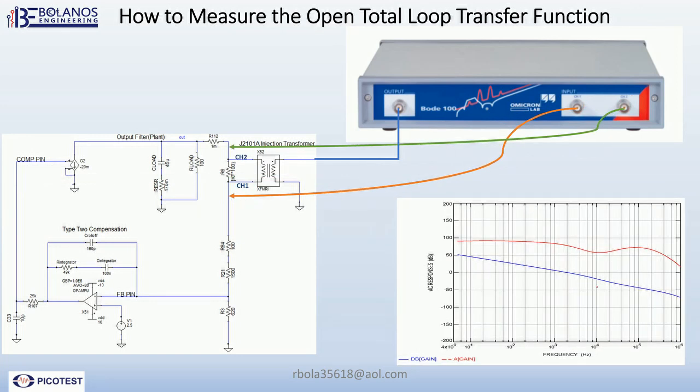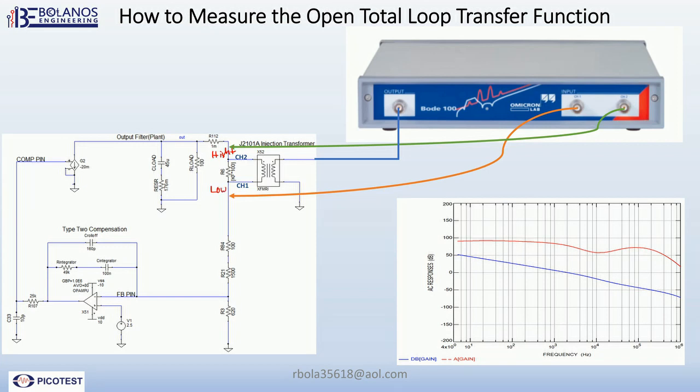And now that we've done that, we're ready to measure the output of the loop response. To connect that, we connect channel 2 to the high side of the injection resistor, and then channel 1 will go to the low side.